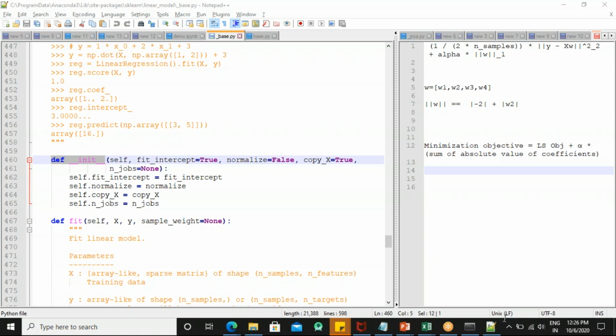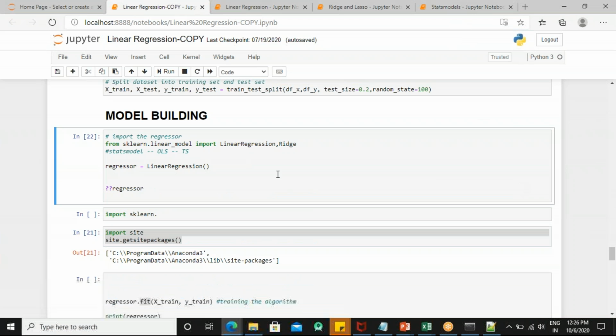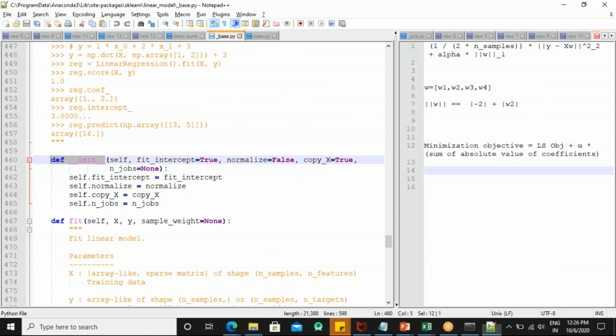So guys, whenever you are creating the object, this function is auto triggered. You don't need to call this function explicitly.